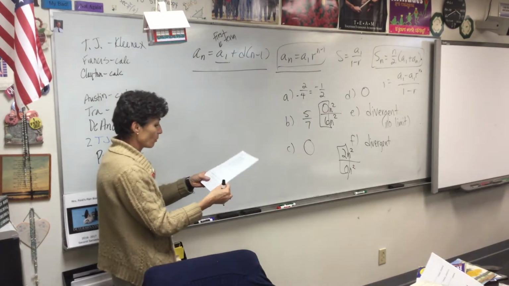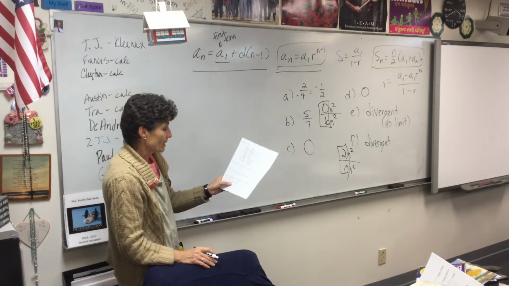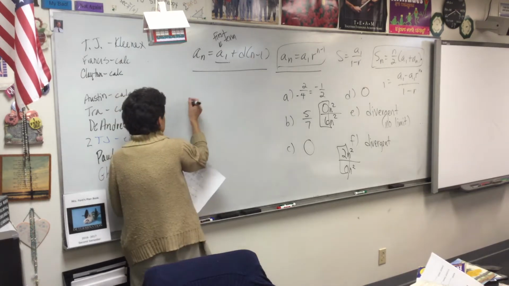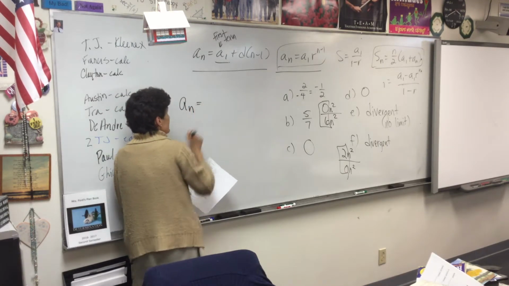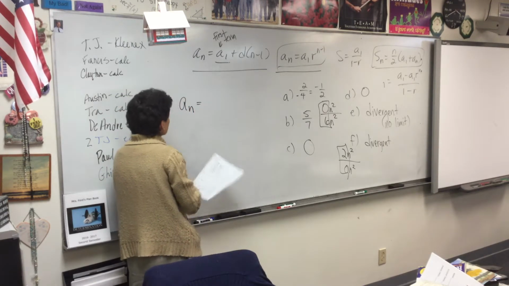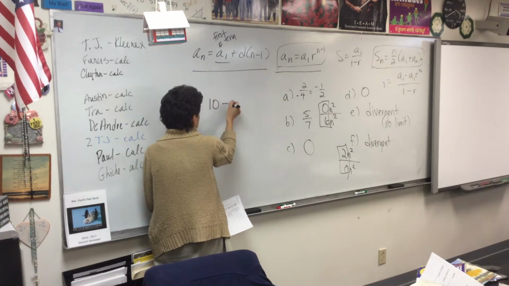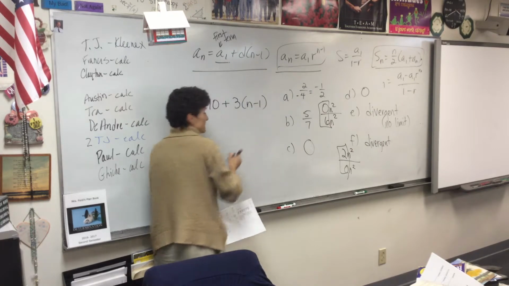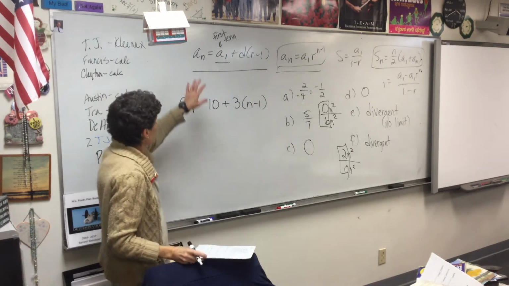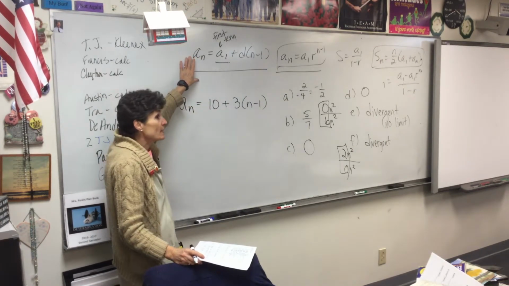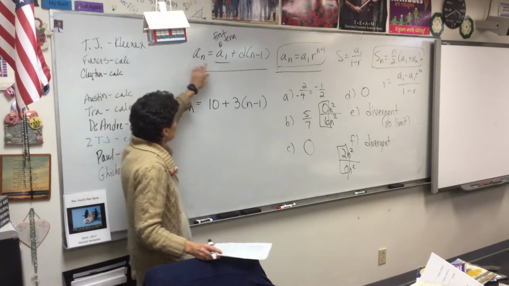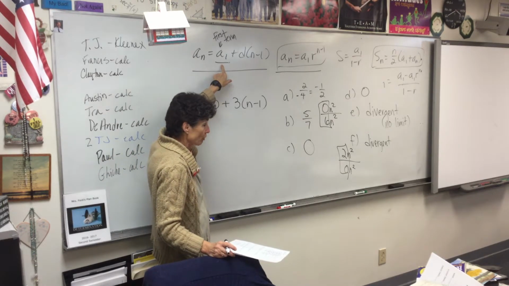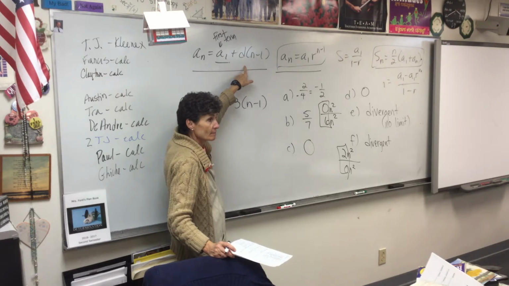So what kind of sequence is the first one? Arithmetic. So we're going to say, all right, the nth term is the first term plus the common difference times n minus 1. So I took the formula that I'm going to give you and I plugged in my first term and my common difference.